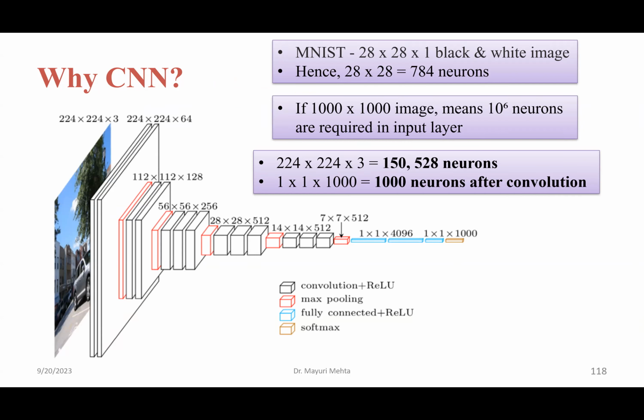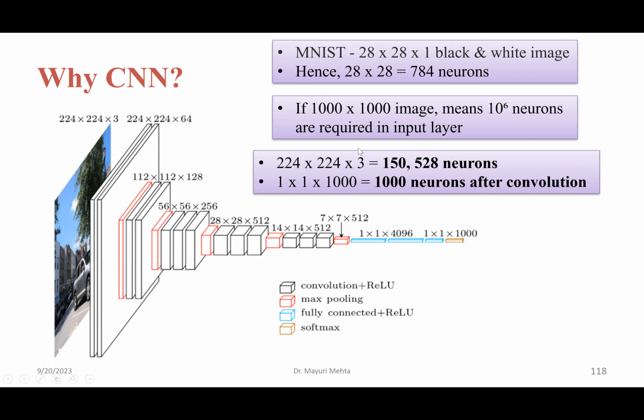So both these examples conveyed that so many neurons are required in the input layer, which is not feasible, because if there are more neurons in the input layer, then you will have that many weights and a huge amount of computation will also be carried out. This is to give you an idea of how many neurons are required even to process such a small image.